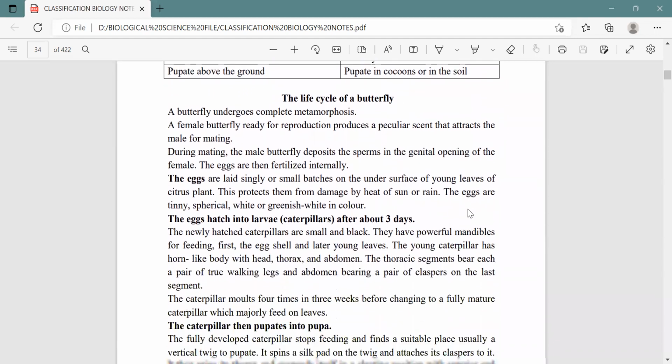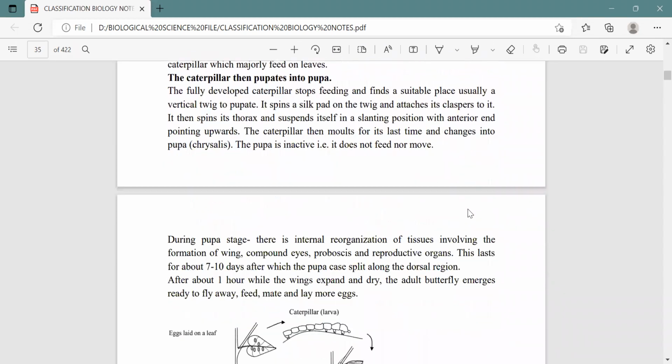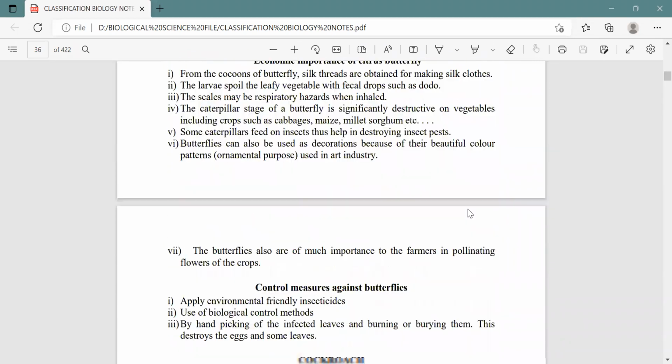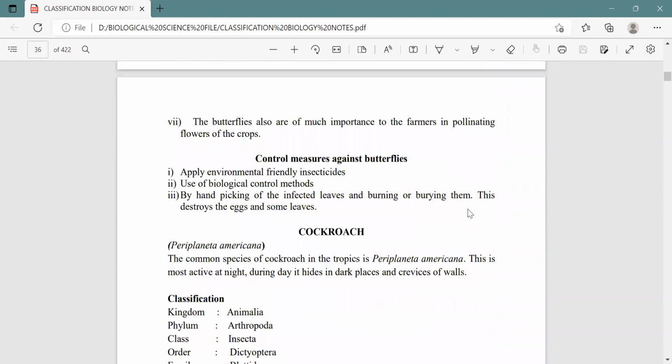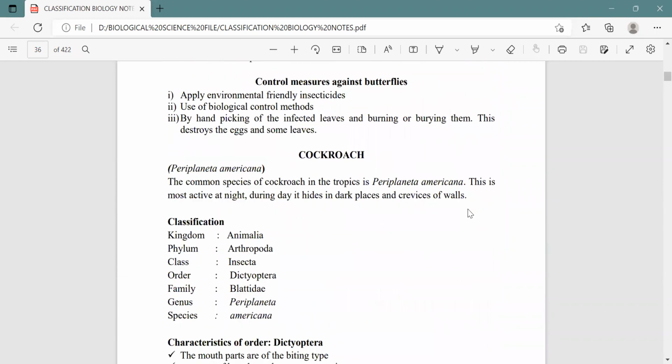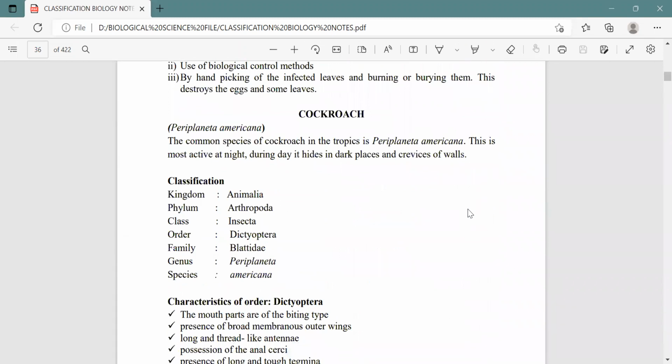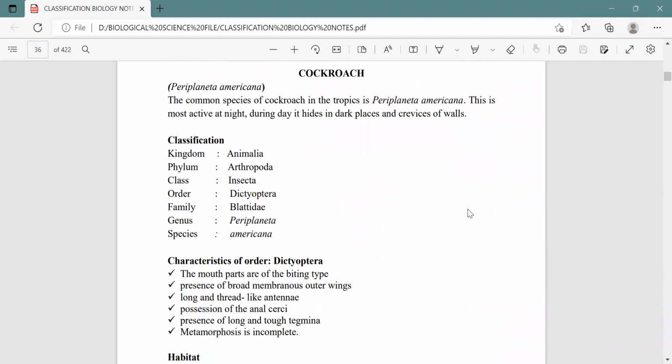Concerning this life cycle, you may not go into the details. My interest is only in the fundamentals and principles of classification. So you can see that the cockroach can also be classified. Periplaneta americana is its scientific name, but it can be classified all the way from the domain, which is Eukaryota or Eukarya, down the taxonomic hierarchy up to species.